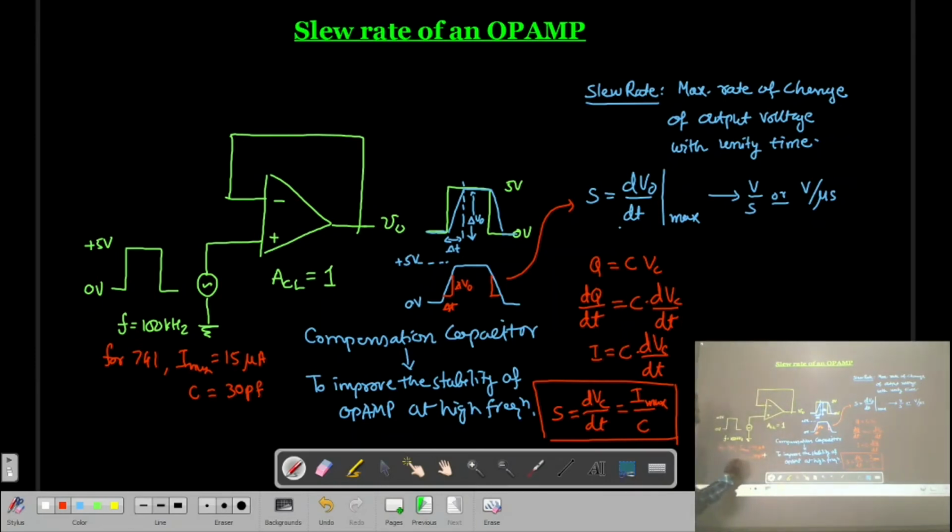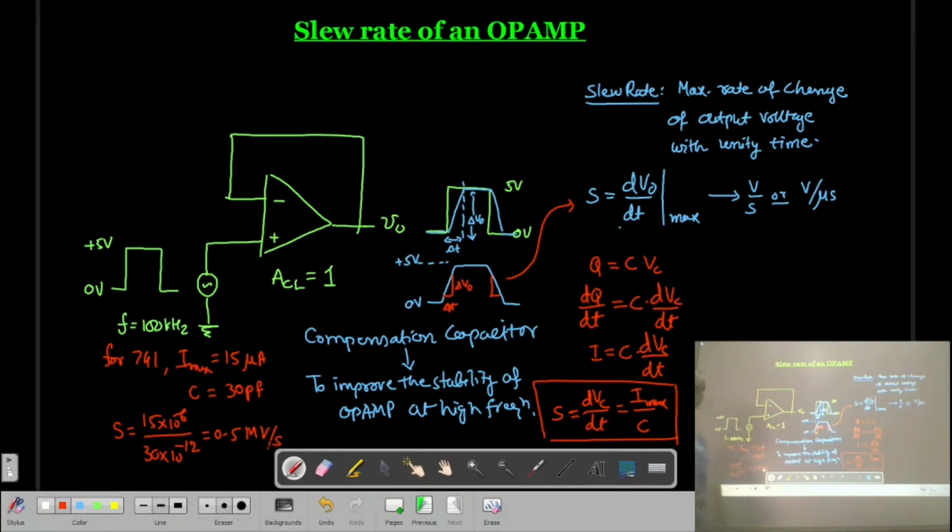So if we calculate this, then the slew rate S will be equal to 15 into 10 raised to minus 6 divided by 30 into 10 raised to minus 12. So here this will come out to be 0.5 megavolt per second.